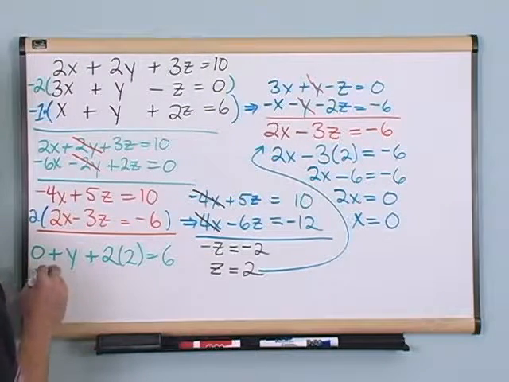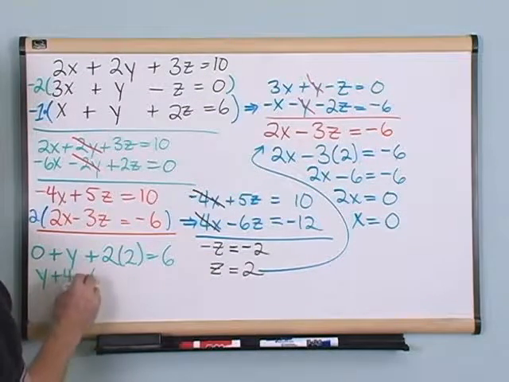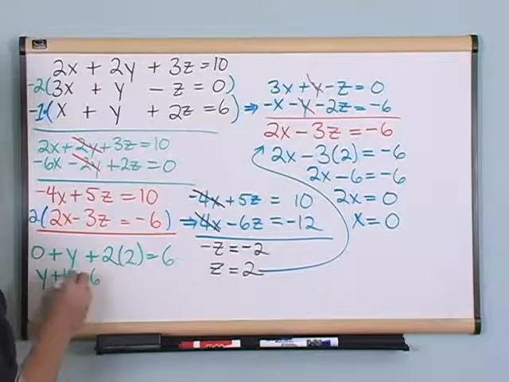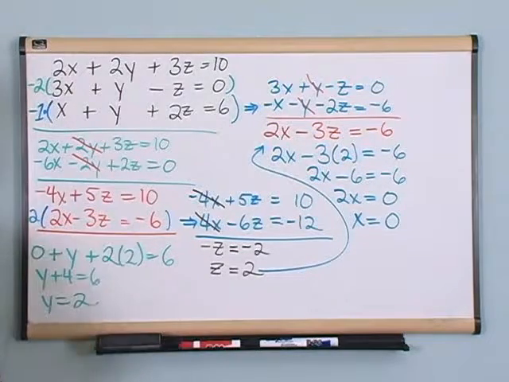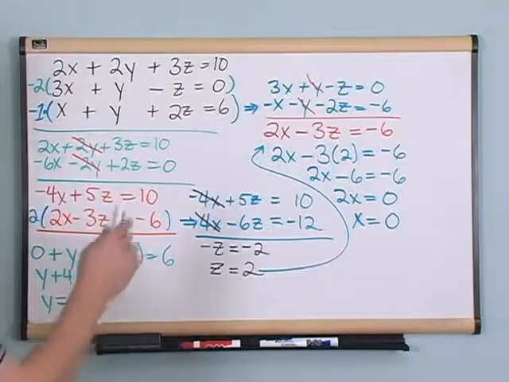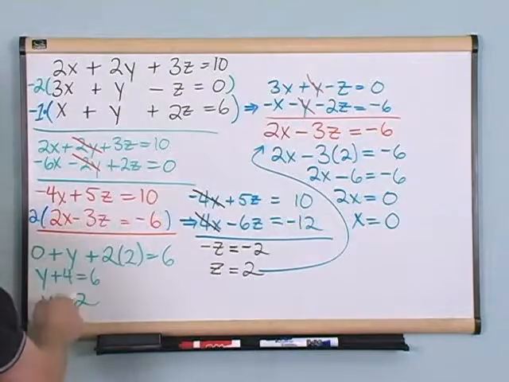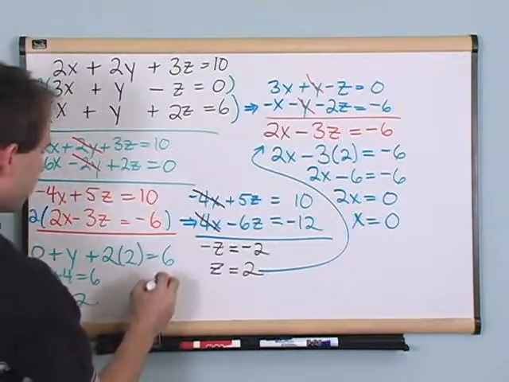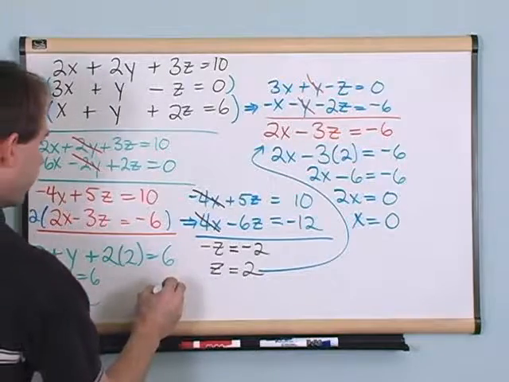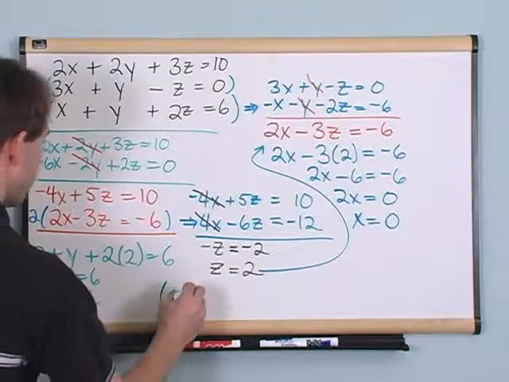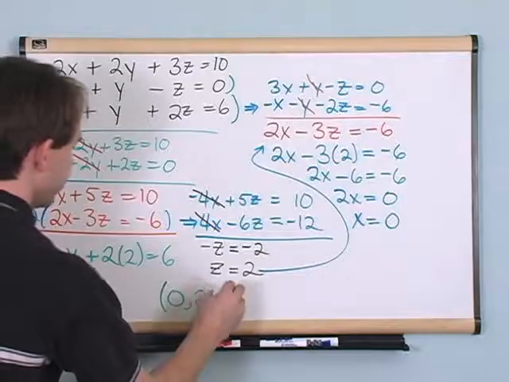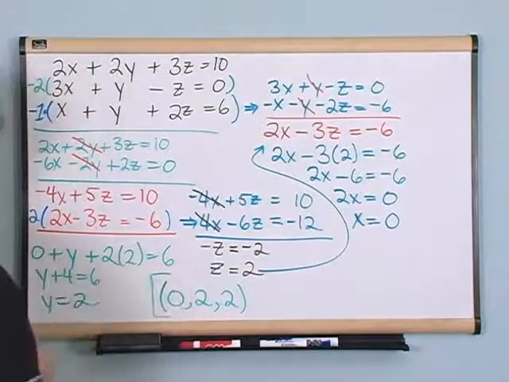So y plus 4 equals 6. Y is equal to, and I subtract 4 from both sides, gives me a 2. So x is equal to 0, y is equal to 2, z is equal to 2. If you were going to write that as a point, that would be x is equal to 0, y is equal to 2, z is equal to 2. And that would be the solution.